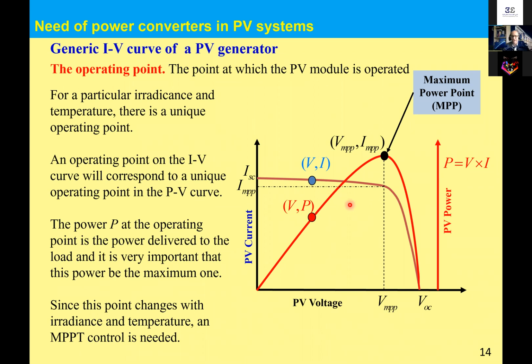And it is very important that the PV system operates at the maximum power point, which is indicated here. So for example, if the voltage and the current drawn from the PV are these, the corresponding power will be this one, which is very far from the maximum power. And as I mentioned before, it is very important that our system always operates at this maximum power point.